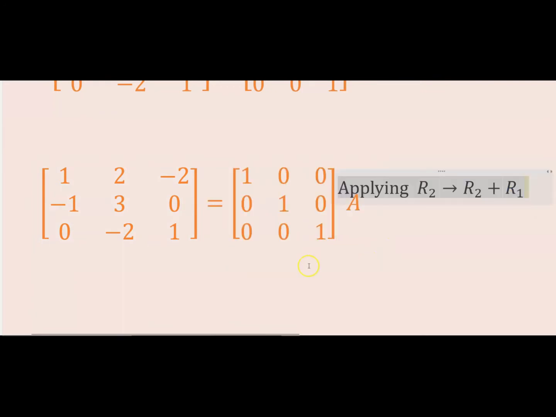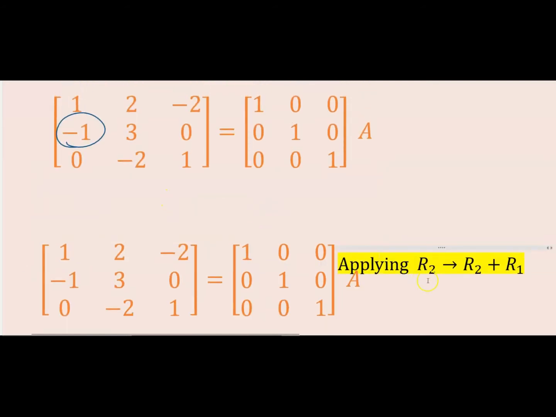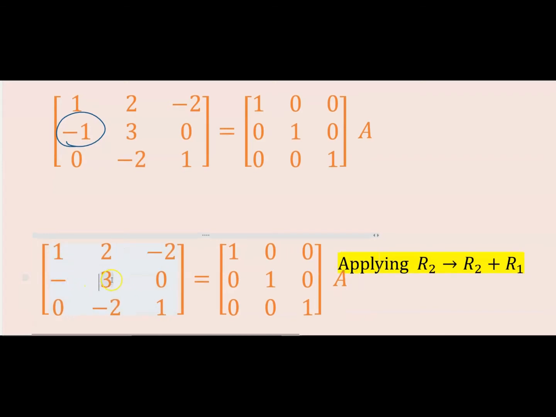I have copied this matrix here. Now I will make changes to this matrix by applying the operation to R2. It means only R2 will change, and the first and third rows remain as they are, similarly on this side. So what will be the value of R2 when I add?